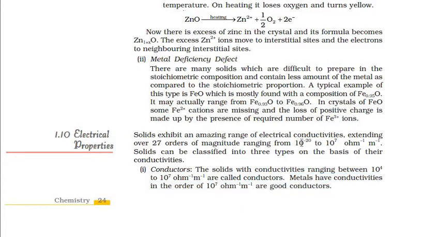You can see the range falls between 10 to the power minus 20 to 10 to the power 7. So 10 to the power 7 is the higher end, where the highest conductivity is found, and conductors are the ones at the extreme part of this range.